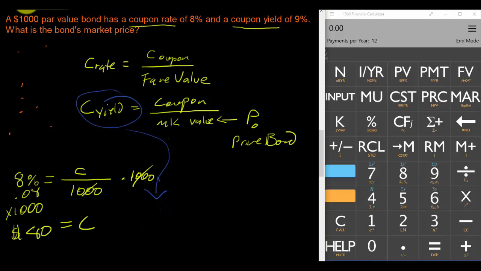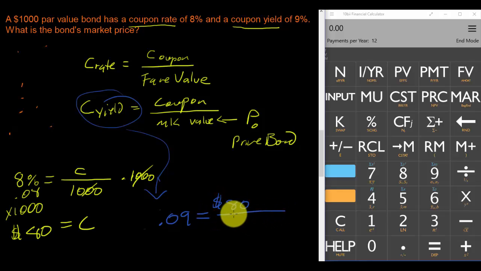I think it's easier. 0.09 is equal to my coupon. Do I know my coupon? I do, I just calculated it. There's my $80 coupon.